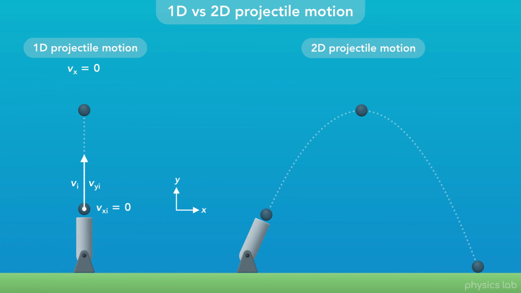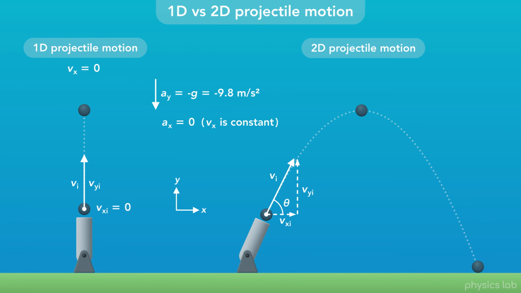But in 2D projectile motion, an object does move sideways, so it has some velocity in the x direction. The initial velocity is not vertical, it's usually at an angle. So now we have an initial y velocity and an initial x velocity. The acceleration in the y direction is always 9.8 meters per second squared downwards. But there's no acceleration in the x direction.